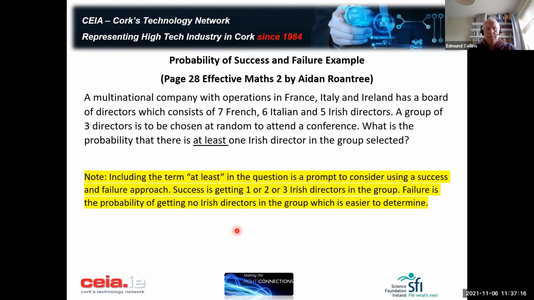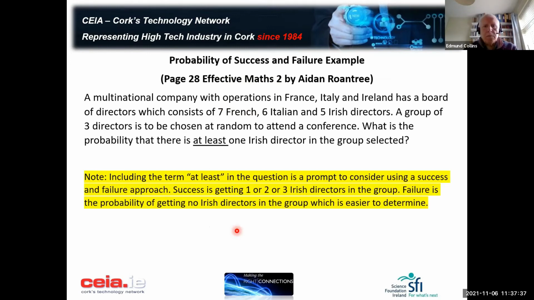So this is an example where it is easier to calculate the probability of an event not happening or a probability of failure, whichever way you want to think about it, rather than the event happening.